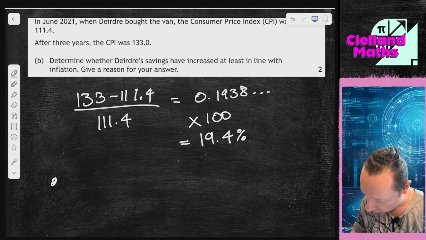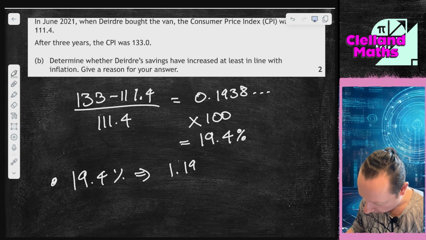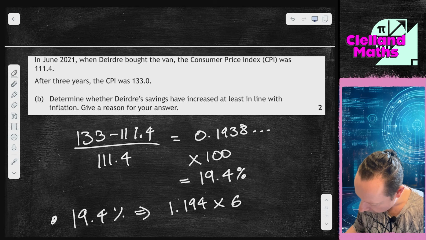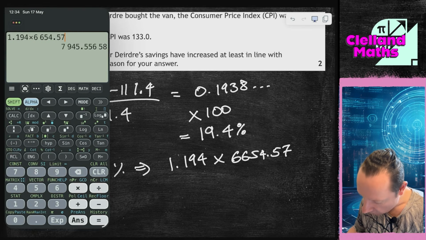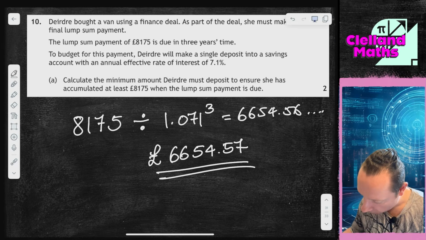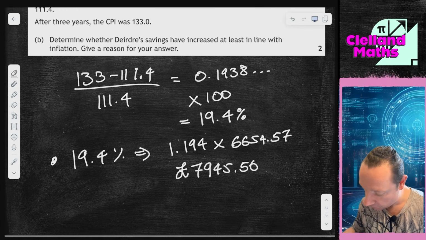Well, let's just do it both ways. 19.4% of will give us 1.194 times 6654.57, which is 7945.56. But we know that her savings went up to 8175, which is above.